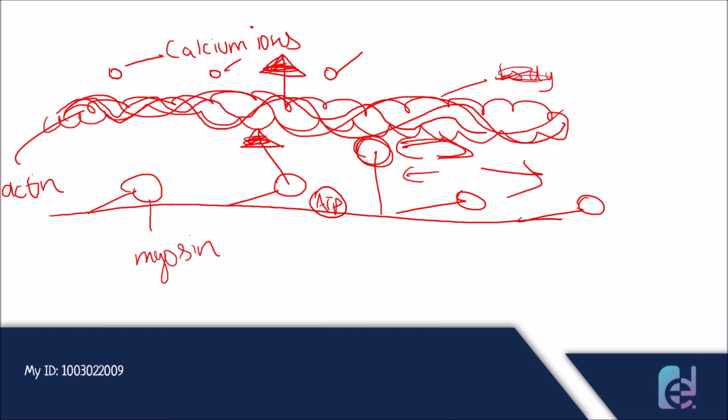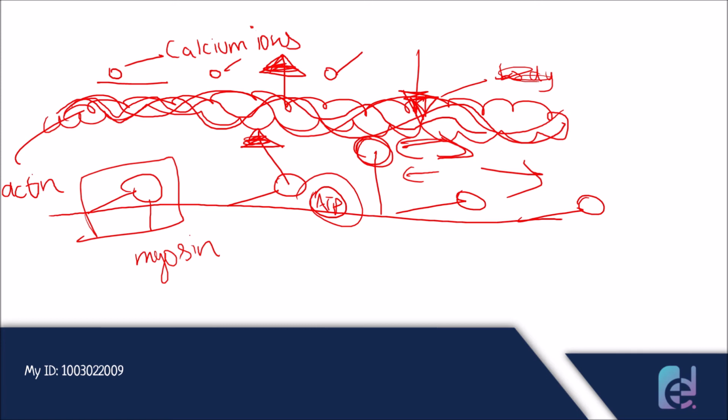Now once it has used the ATP, it goes back to its original state, and after some time the concentration of calcium ions inside the muscle fiber is reduced and the bodyguard layer gets back on the actin. So that's basically how our muscles contract and relax.